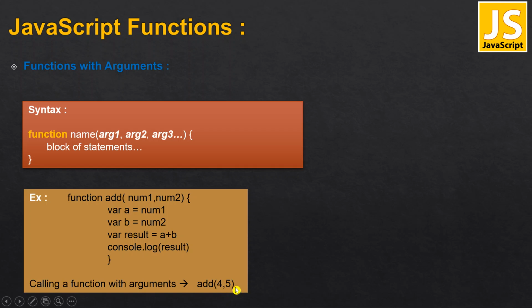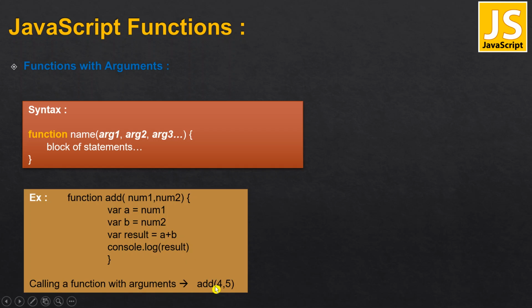What will happen behind the screens, I will explain, friends. If the user gives add 4 comma 5 like this, the 4 will go and be stored in the num1 variable, and the 5 will go and be stored in the num2 variable. These are all internal functionality, okay?